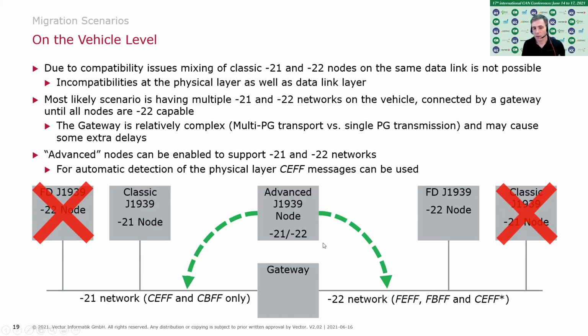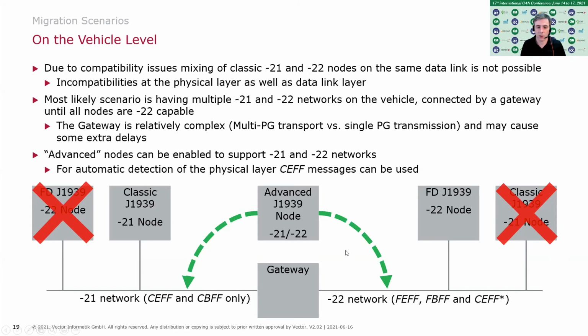Then it can also enable and disable certain protocols like the multi-PG transport or the additional transport protocol capabilities. It will probably switch this off on this side and enable it on that side. So a new node can be designed to fit in both worlds.